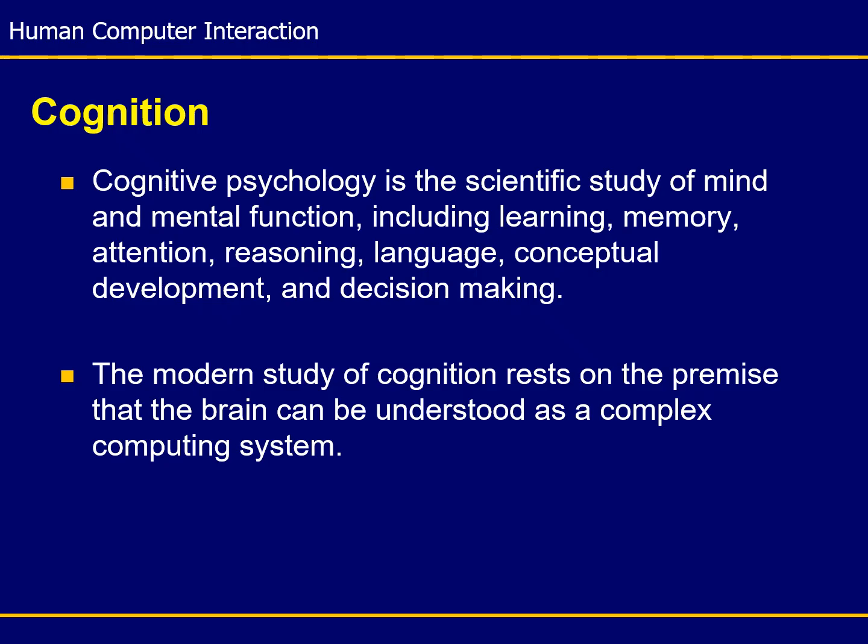Now, this turns out to be very important for us when we design interfaces, because whether you're designing an e-commerce website or a desktop application, you have to invoke the right circuitry in the human mind, and for that you need to understand how it initially works.